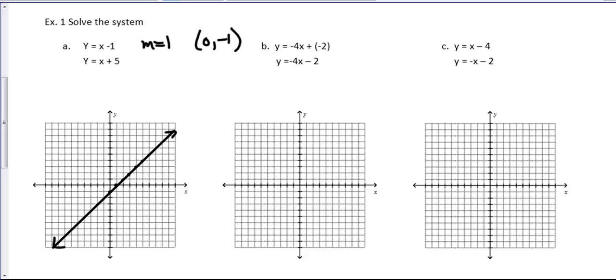So we go ahead and graph our second line. We have a slope which is 1 and a y-intercept at 0, 5. So I go 1, 2, 3, 4, 5. Up 1 over 1, up 1 over 1, up 1 over 1. I create this graph using my straight line.